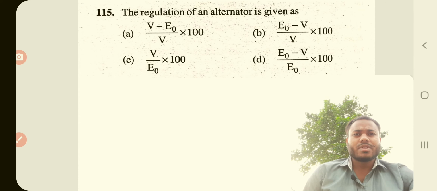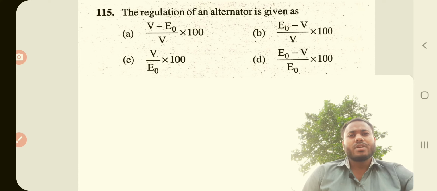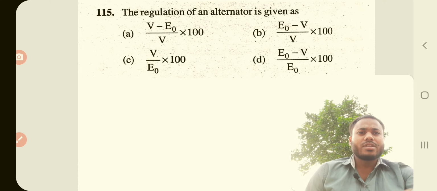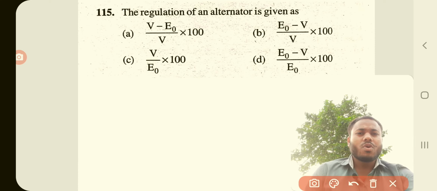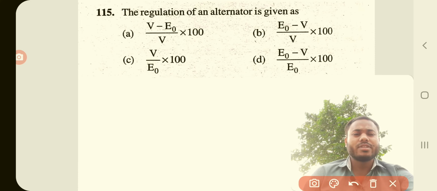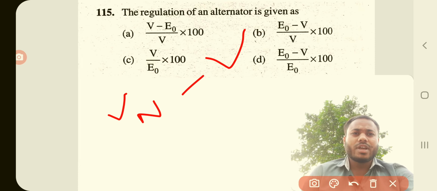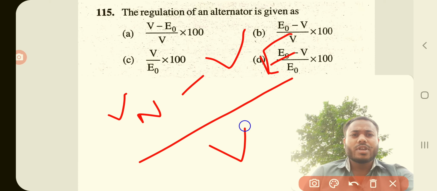Next question. The regulation of an alternator is given as options A, B, C, D. Four options are there, but here the right answer will be B. The regulation of an alternator and of transmission lines is almost the same: voltage at no load minus voltage at full load, divided by voltage at full load, into 100.